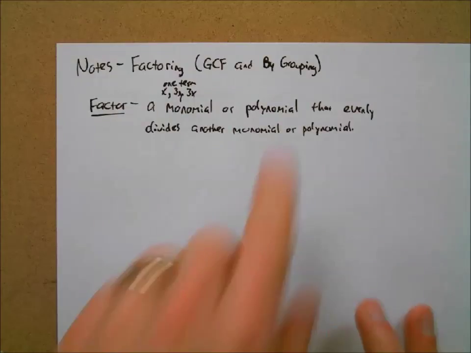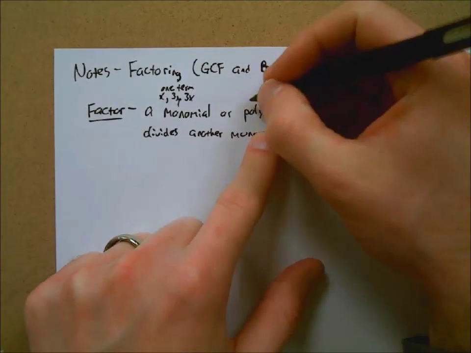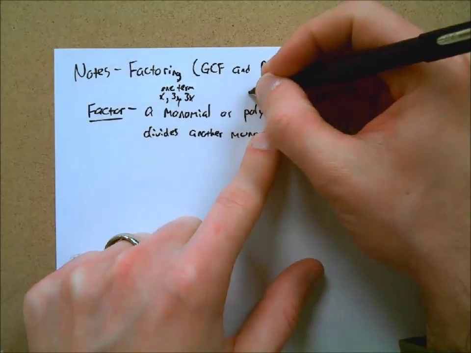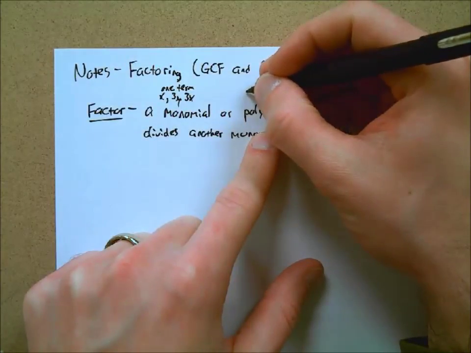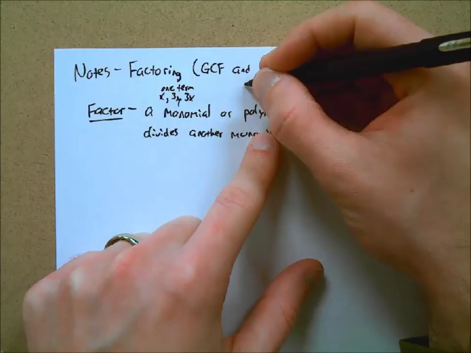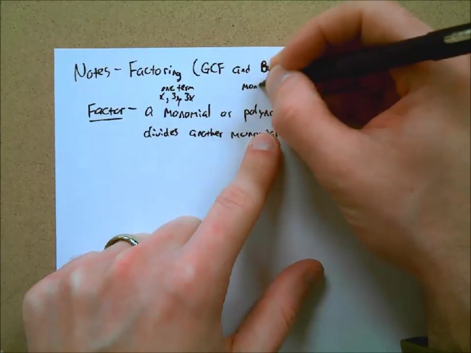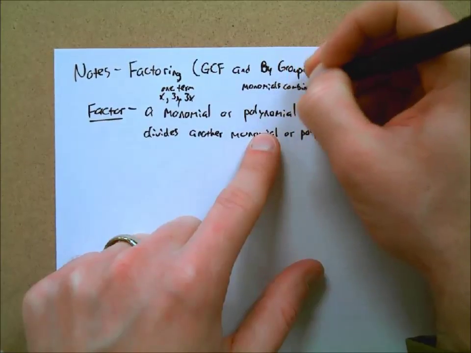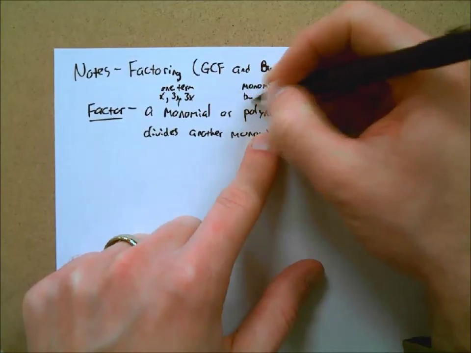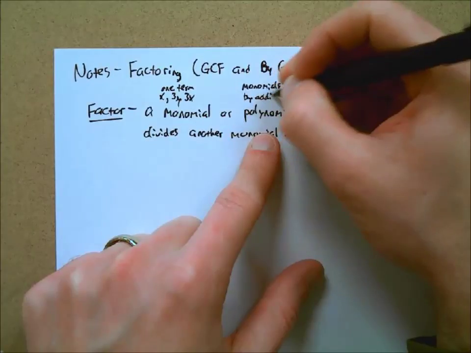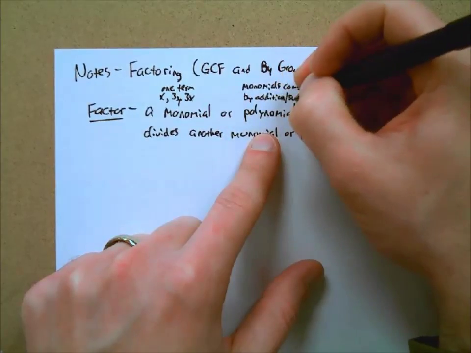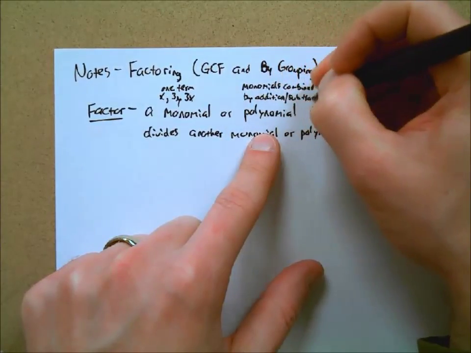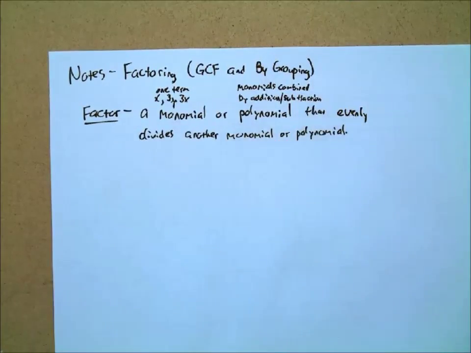Whereas a polynomial is monomials combined by addition or subtraction. So you take two monomials, add them together, that is a polynomial now.